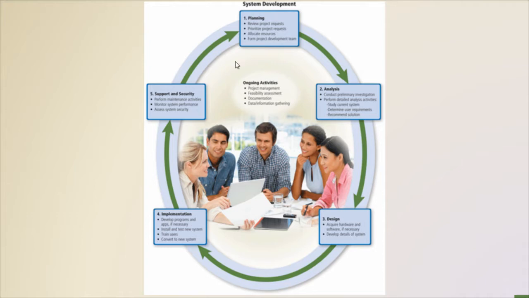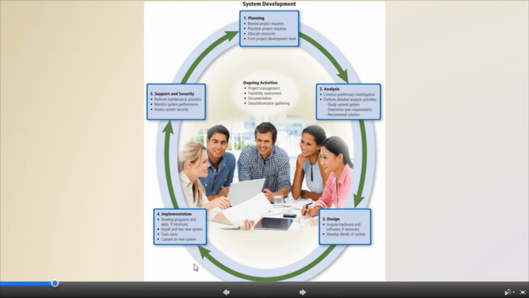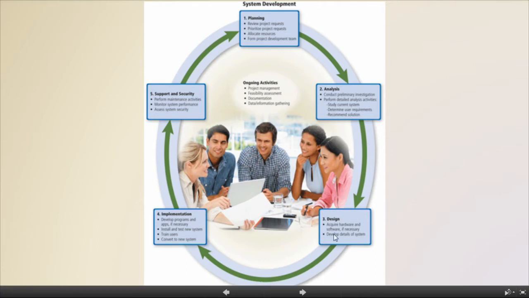There's also these grouping activities that you see here in the middle, and these include things like project management, feasibility assessment, documentation, and data and information gathering. And these are things that are done throughout the process. Project management keeps each one of these phases going and keeps you moving from one phase to the next phase. Feasibility assessment says, okay, do we need to spend more time going back to analysis and design because maybe something is not feasible and we need to figure out a different solution.